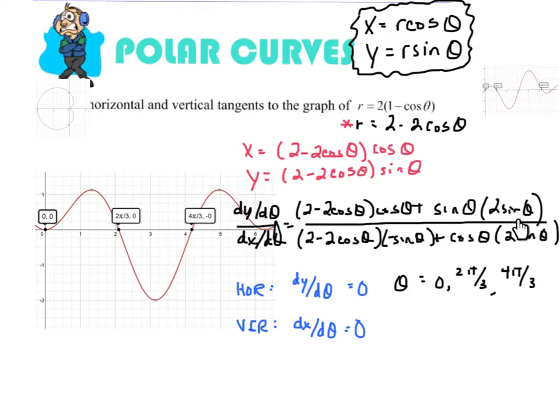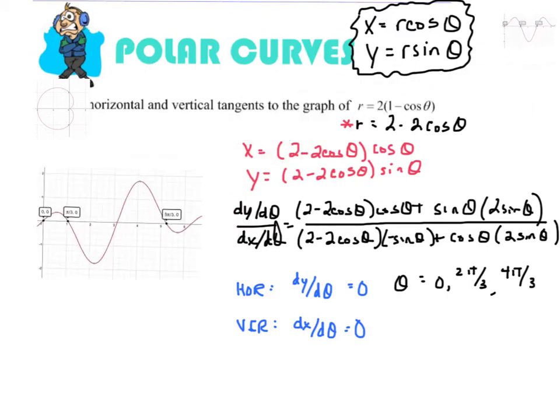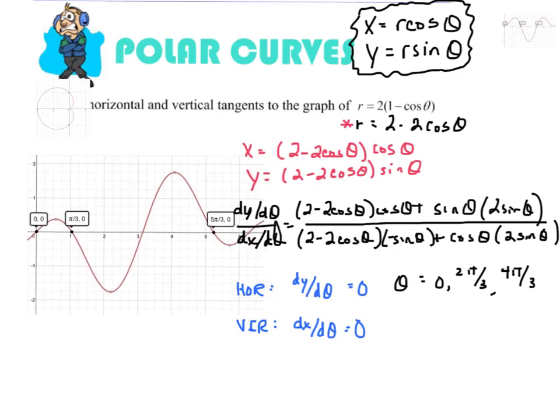So the next thing I needed to do, of course, was the same thing for the denominator. Let me show you that one. Here it is. For this one, theta was 0, pi over 3, and 5 pi over 3.